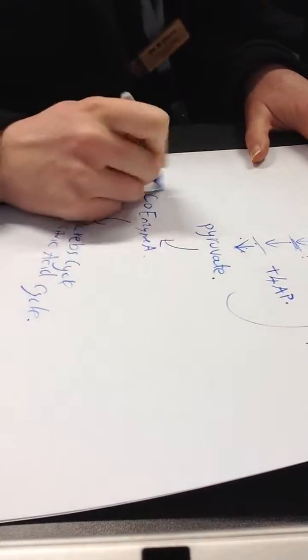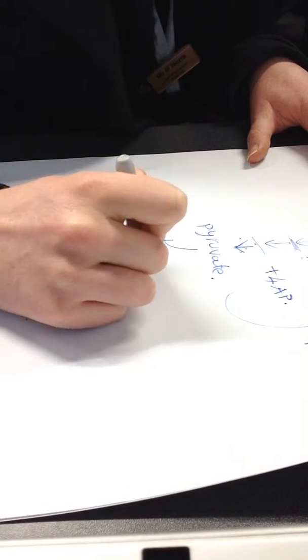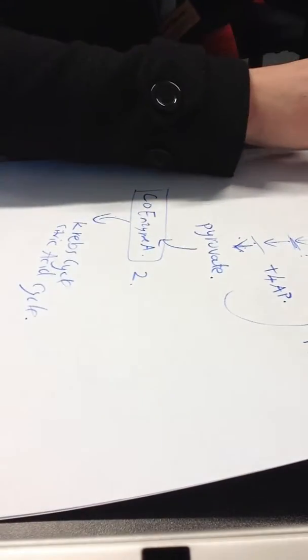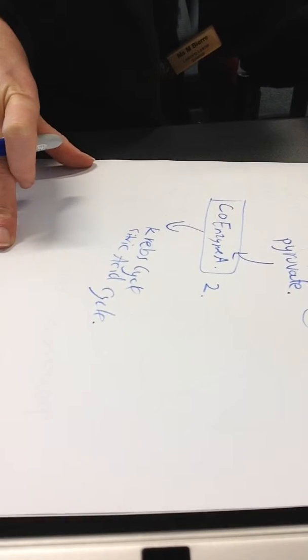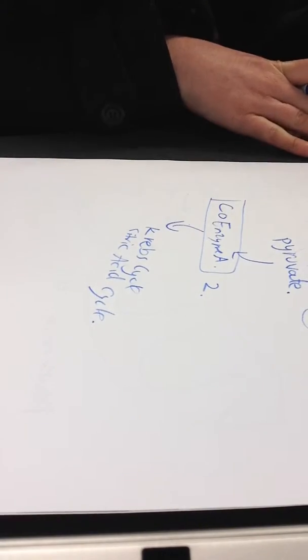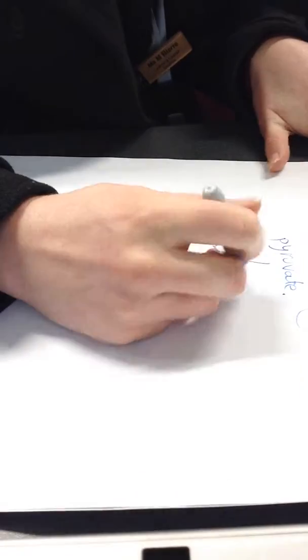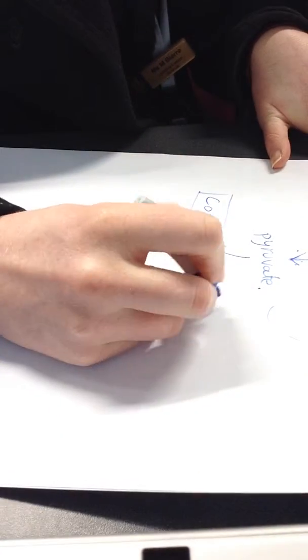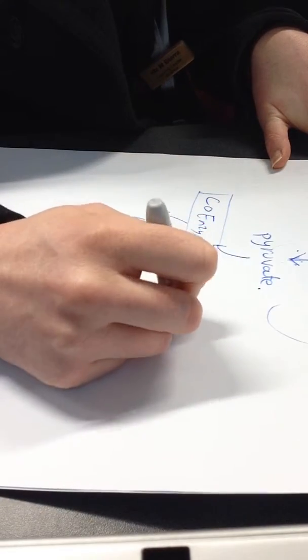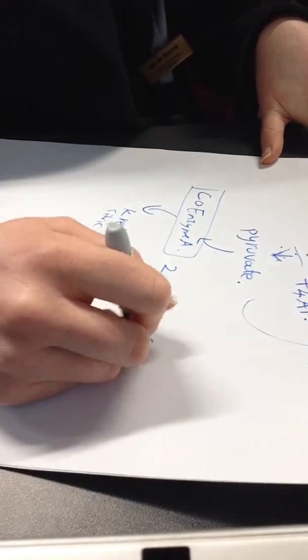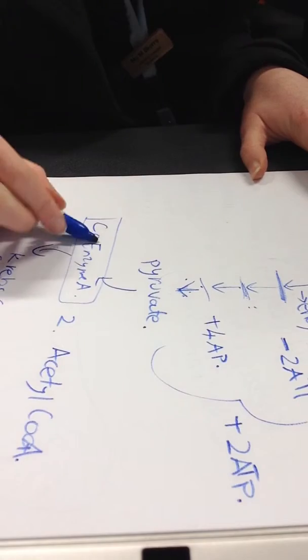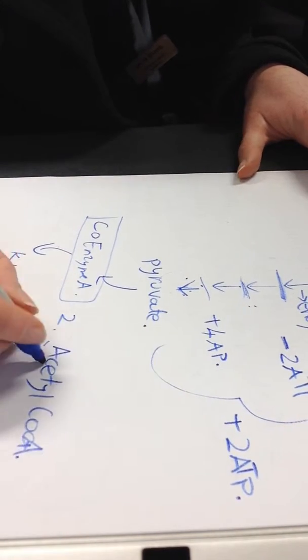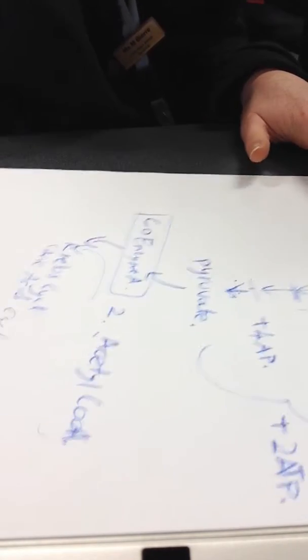So this here is step number 2. This enzyme comes in and turns it into acetyl-CoA. This here is what's going to move into the Krebs cycle.